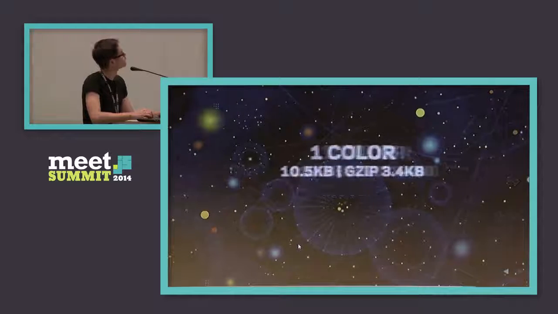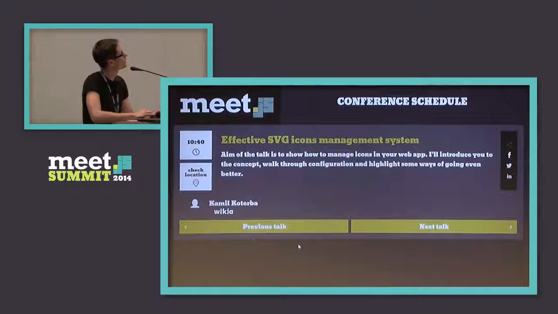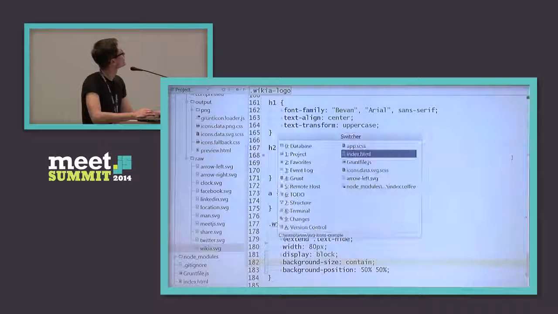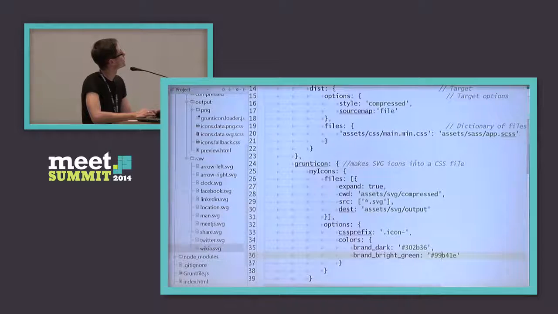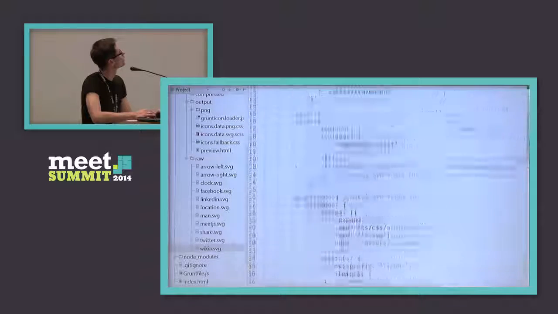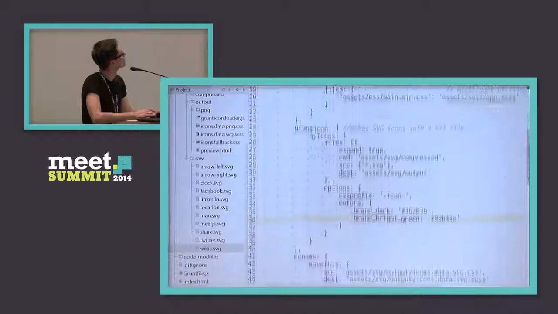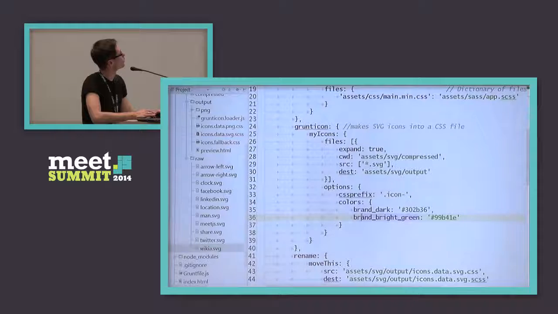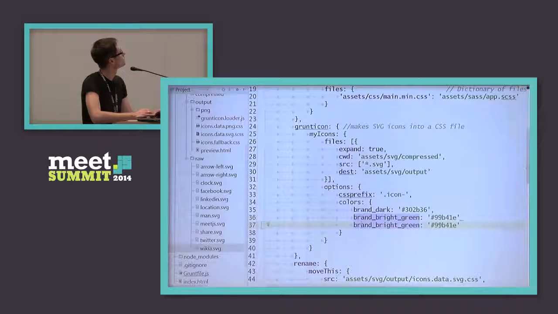Let's say we want to have this Facebook icon be hovered with a different color, right? So what we should do for that is make sure we have the color here that we want to use, like brand bright green. I can add one more color if you'd like.